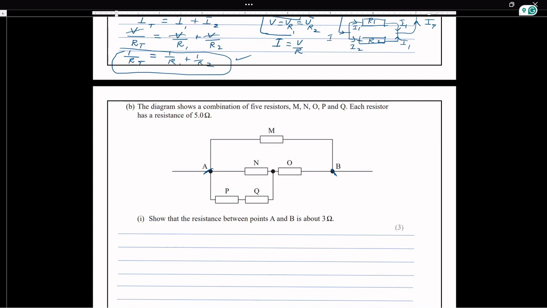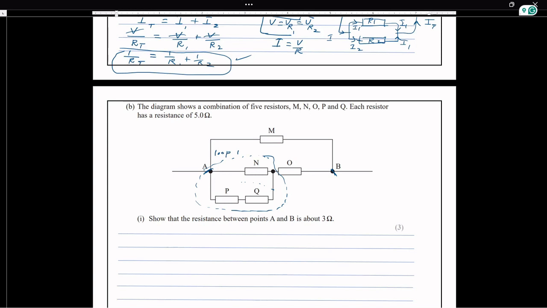So here, let us say that P plus Q parallel N, the whole thing, this part, I'm going to call it loop 1. This parallel combination, I'm going to call it loop 1.